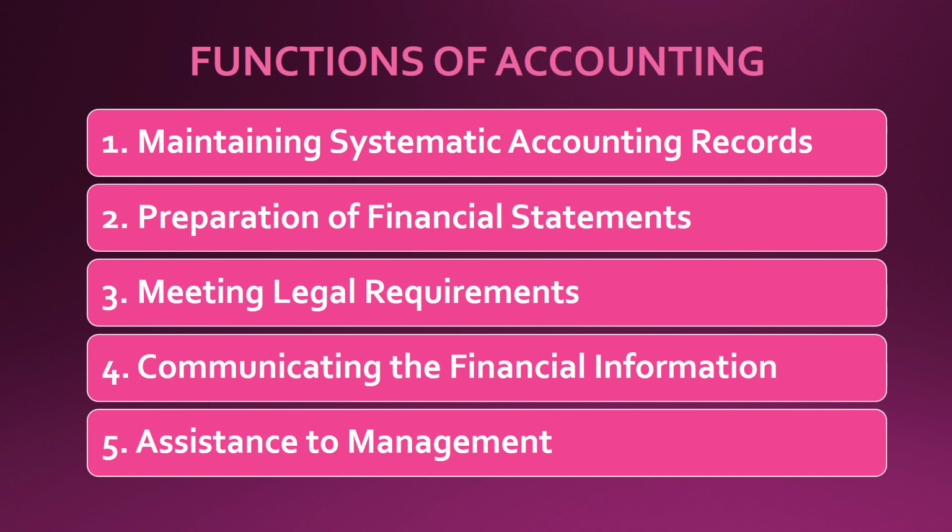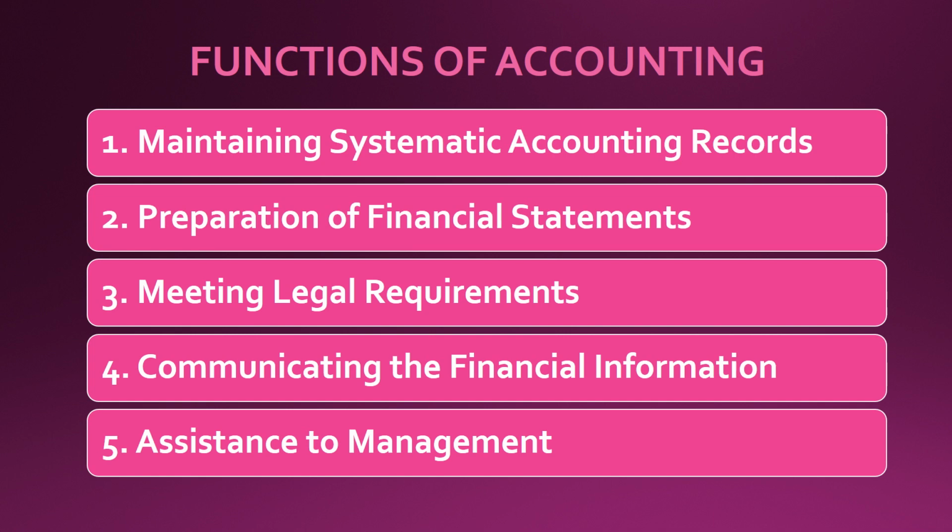Now the next function is communicating the financial information. This is another very important function of accounting, that is, to communicate the financial information to the users. There are internal users, there are external users.